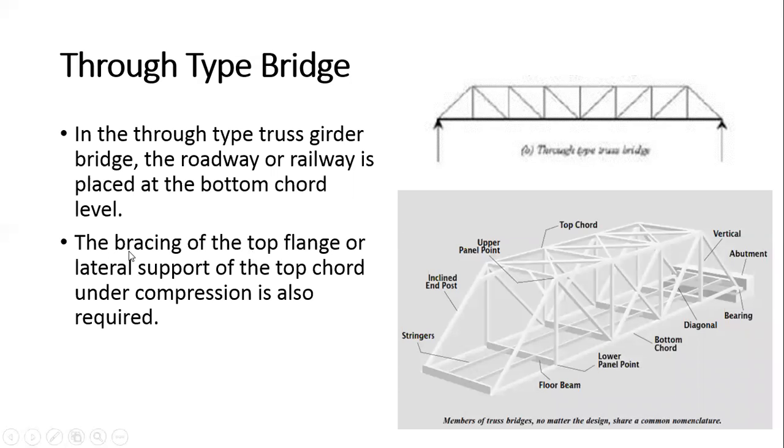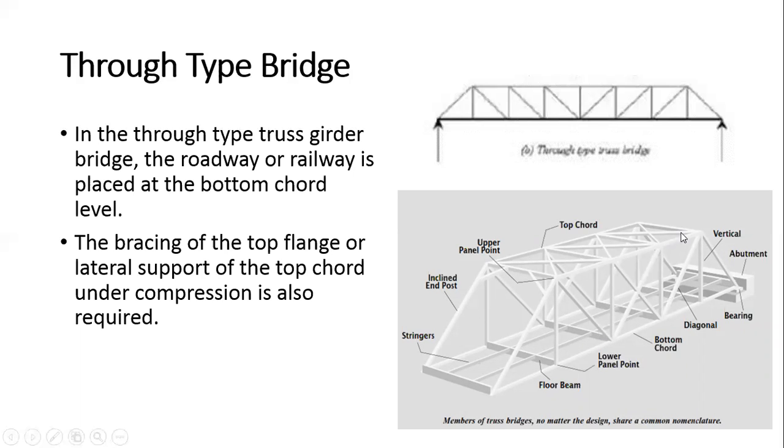Then the bracing of the top flange: when the load is passing here, the train is moving here, we have to provide some support at the top level. So we have to provide the bracing at the top flange, or the lateral support of the top chord under compression is also required. You'll see, this is my bottom chord member and this is my top chord member. The train is moving, or the road is, at this level at the bottom chord.